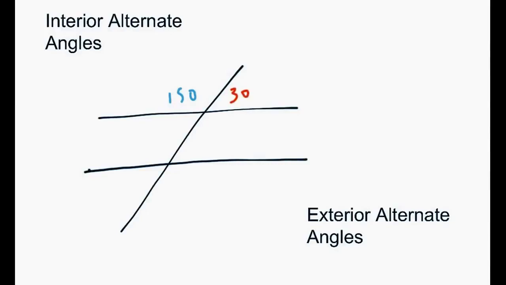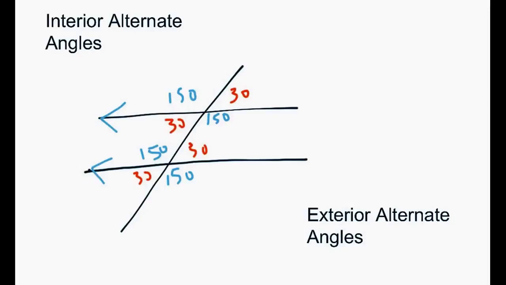So we'd have 150 and 30, then 30 and 30, and 150 and 150. If all the angles match perfectly, they all add up to 180, and all the correspondings are the same, we know that these two lines have to be parallel.